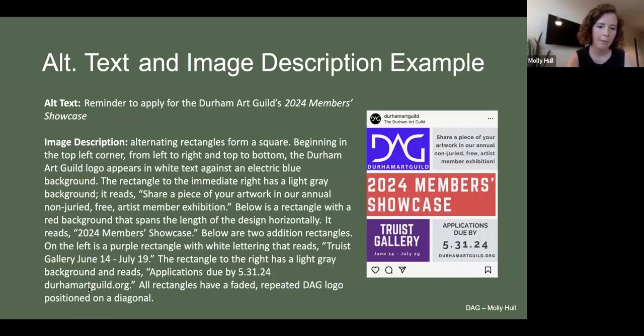On the left is a purple rectangle with bright lettering that reads Truist Gallery, June 14th to July 19th. The rectangle to the right has a light gray background and reads applications due 5.31.24, durhamartguild.org.